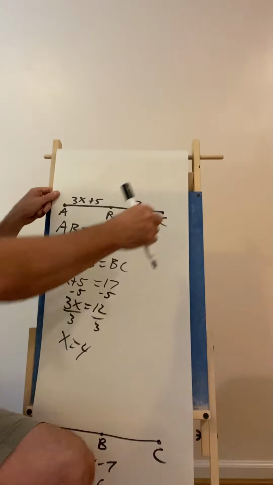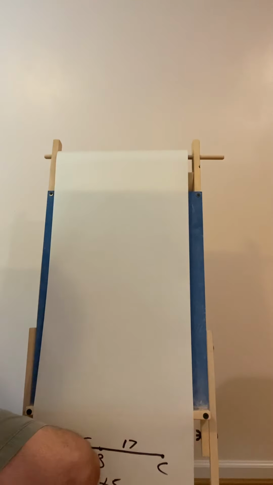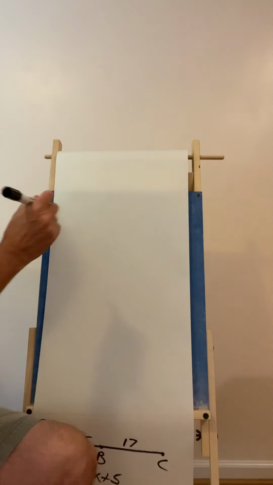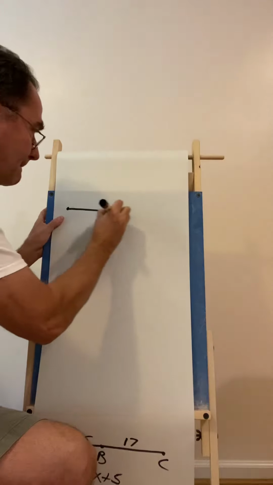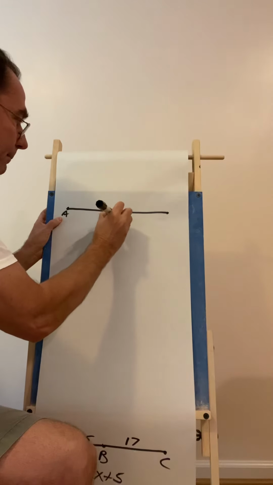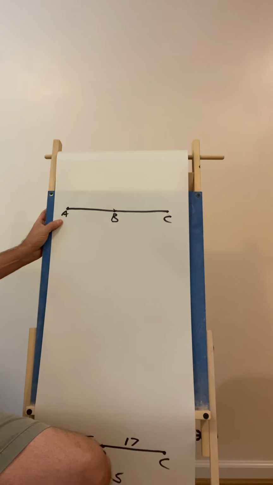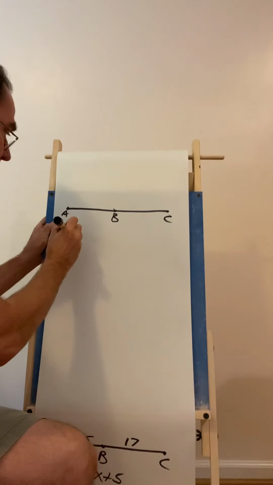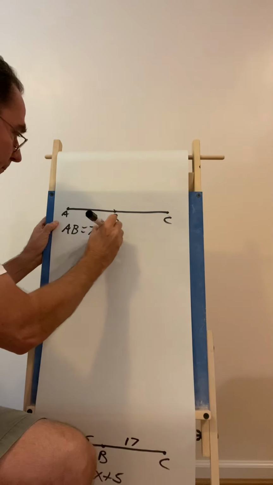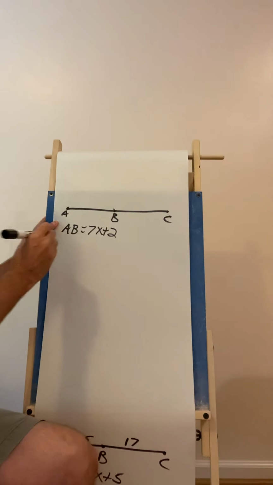Okay, let's try one more. This one might be a little more complicated. I'm not saying it is, but it might be. Okay. A, B, C. And AB is equal to 7x plus 2, and AC is equal to 19x minus 1.